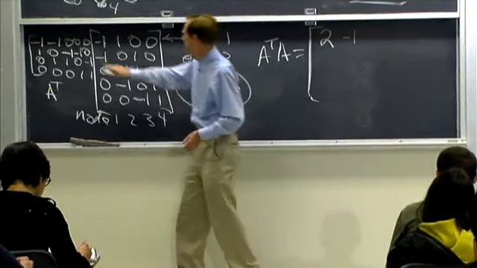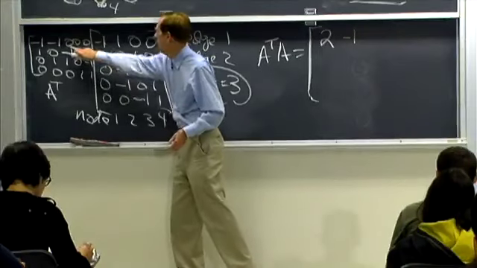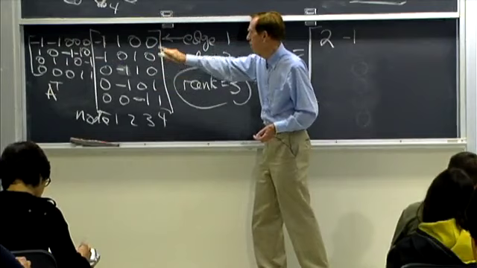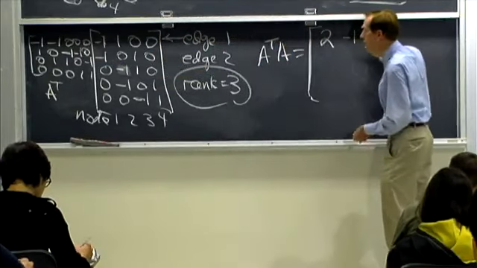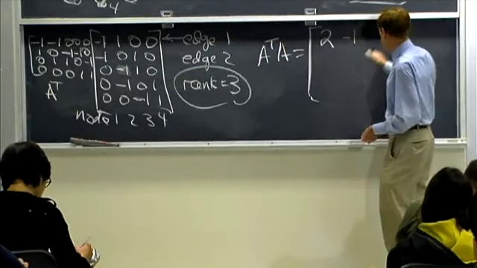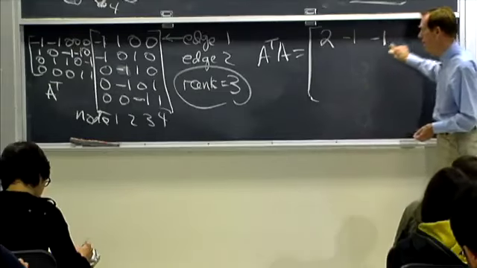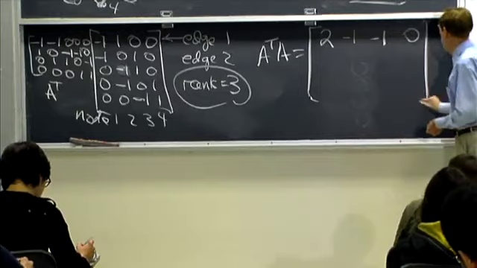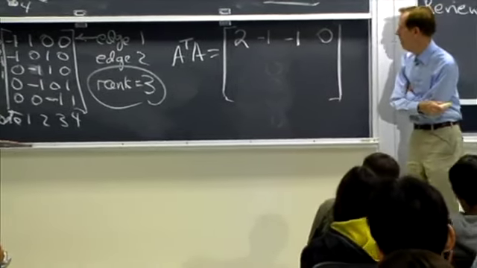Then this one hits a 0 and those 3 zeros. And then what about the next one here? A -1, and the last one? A 0. So that's row 1 of A transpose A.